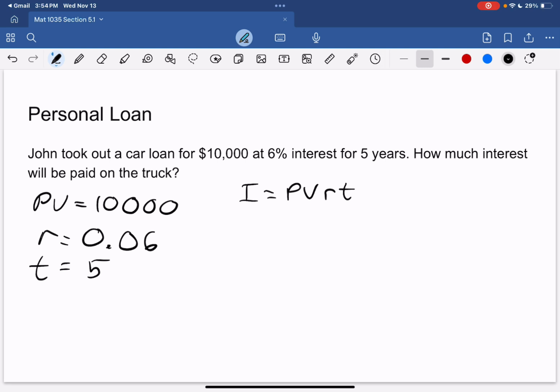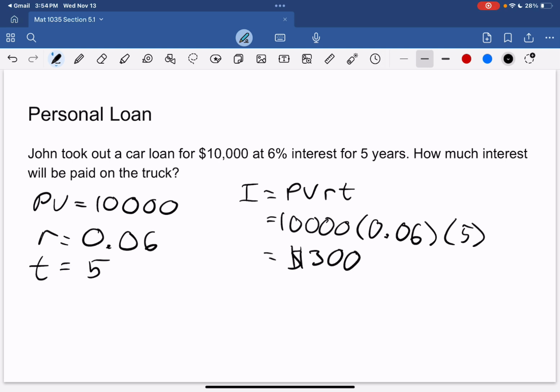That's your call, whichever way you want to do it. I normally find the future value and then subtract off the original amount, because then I can answer two questions with one formula, but you don't have to do that. So here I have 10,000 times 0.06 times my time of 5. I plug that in the calculator and I get 3,000. So this situation with the $10,000 loan at 6% interest for 5 years had an interest of $3,000.